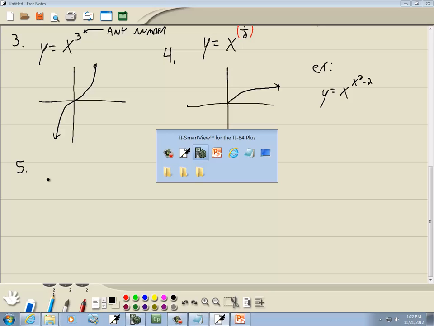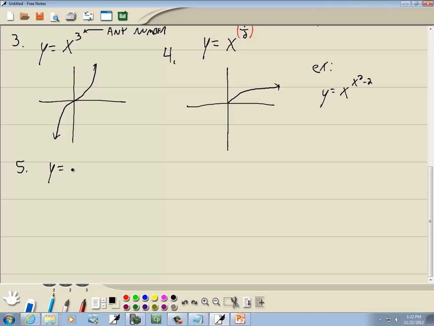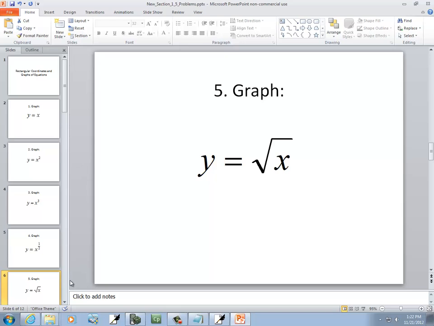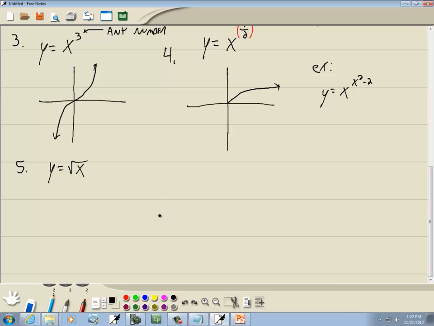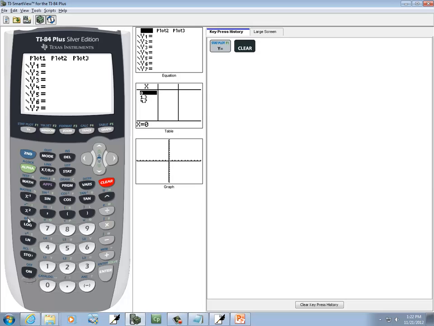Let's look at our fifth type. This is the square root of x. You should have seen this at the tail end of elementary algebra. Okay, so I'll press y equals, press clear. Now above the buttons, you see on my calculator here it's blue.